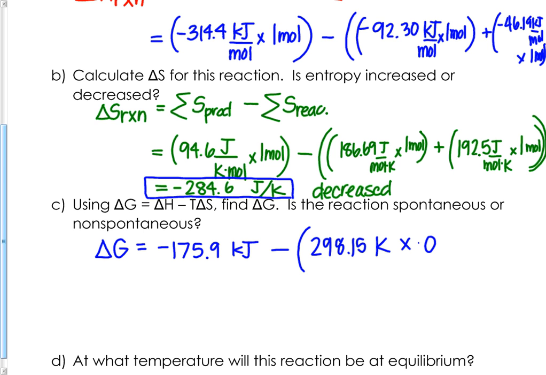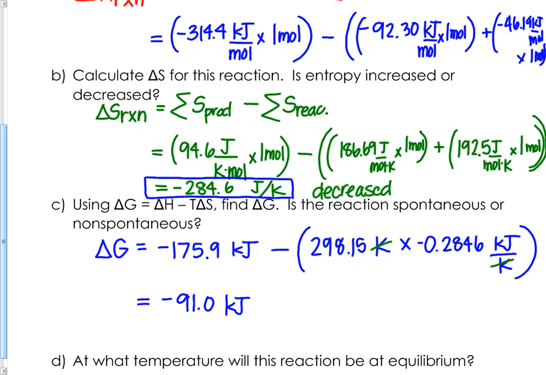So this becomes negative 0.2846 kilojoules per Kelvin. And when you do your math, you should see that the Kelvin terms will drop out. And when you do this in your calculator, you should get a delta G value of negative 91.0 kilojoules.